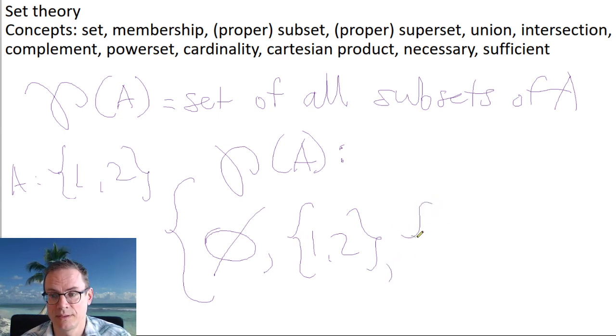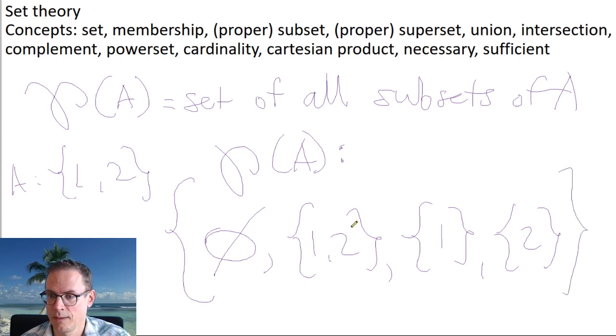The set containing 1 is a subset of A, and the set containing 2 is a subset of A. And that's it. We don't have to add the set 2 and 1, because that's the same as set A itself. The order in which you write down the elements is not important.